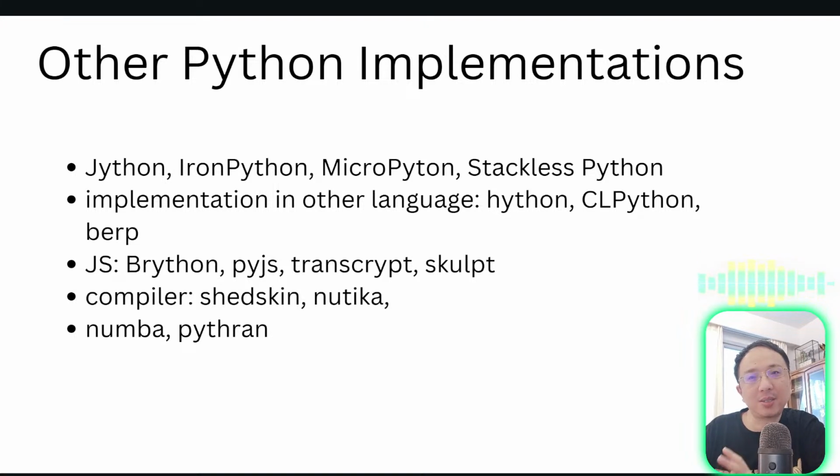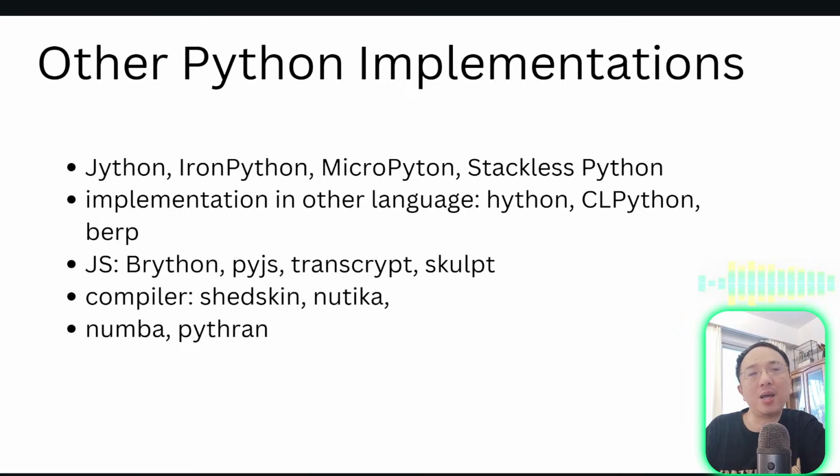So in that sense, Mojo is similar to Cython, but Mojo is a more commercial product. Unlike all of the implementations I mentioned right here, which are open source. Some of them may have a commercial company behind it.